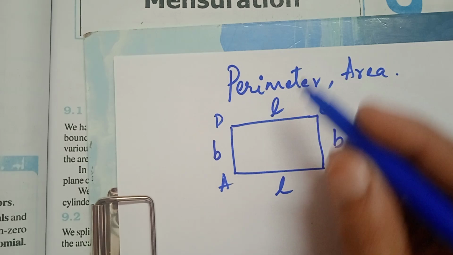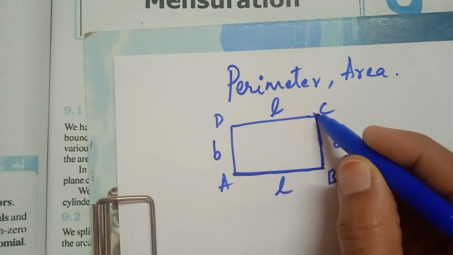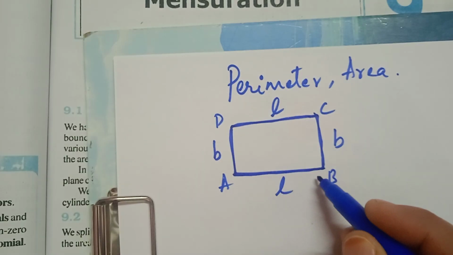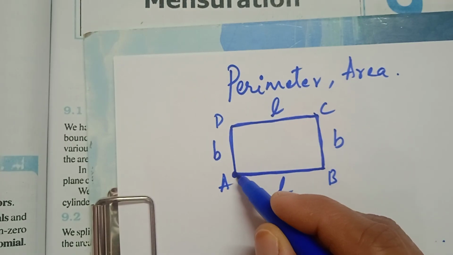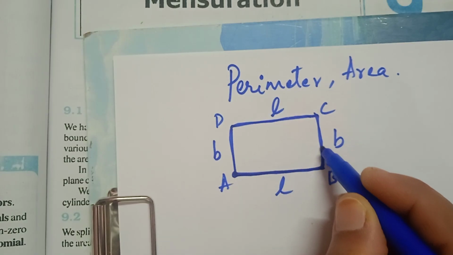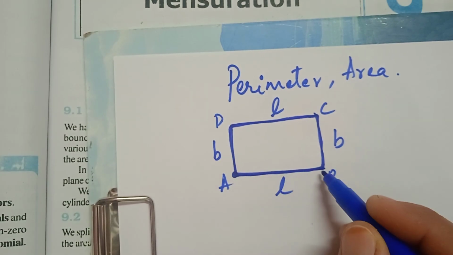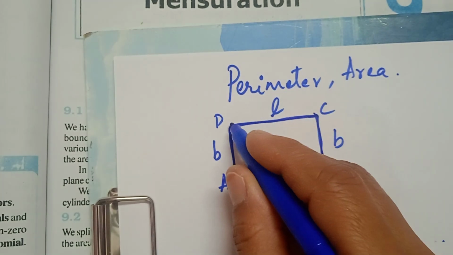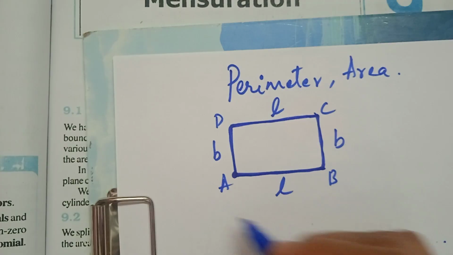Now what does perimeter mean? It is the distance that you travel along the border of the rectangle ABCD. Start at point A, move along the rectangle and come back to A. That is the distance AB plus BC plus CD plus DA, which is called the perimeter of rectangle ABCD.